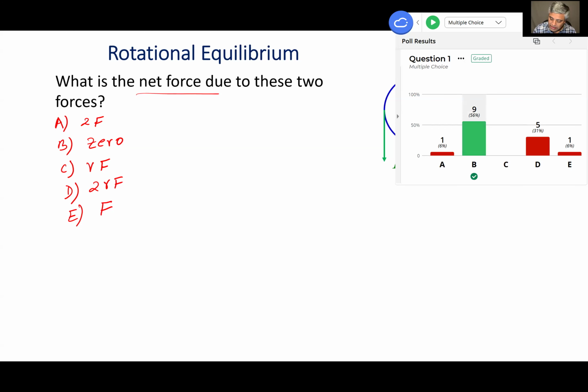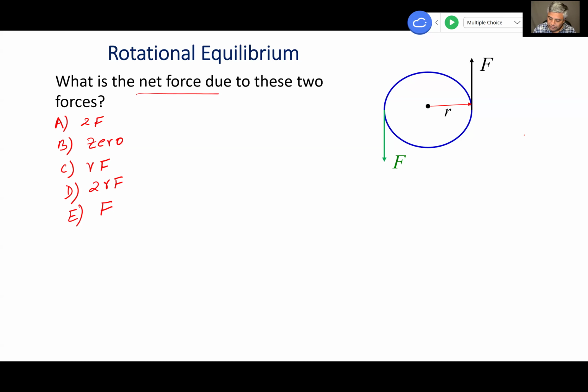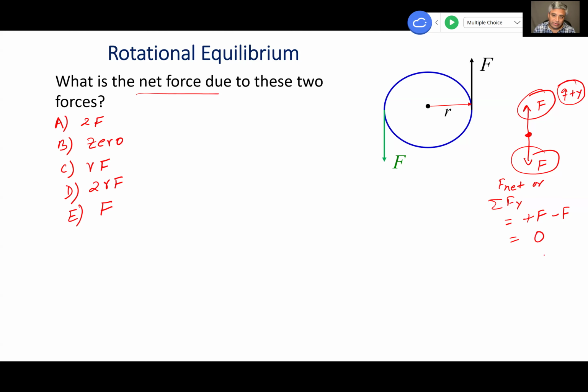So B is the correct answer in this case because we're talking about net force. Remember, whenever we need to find net force, we draw a free body diagram. So in this case, one is acting up, another one is acting down. If we say up is positive y, then the sum of forces along the y direction is one positive F pointing up, and since we chose up as positive, the other one is negative F, so that gives us 0.